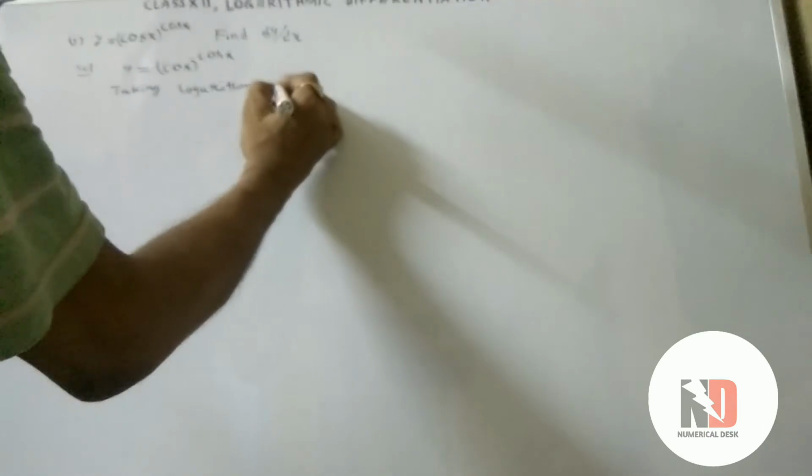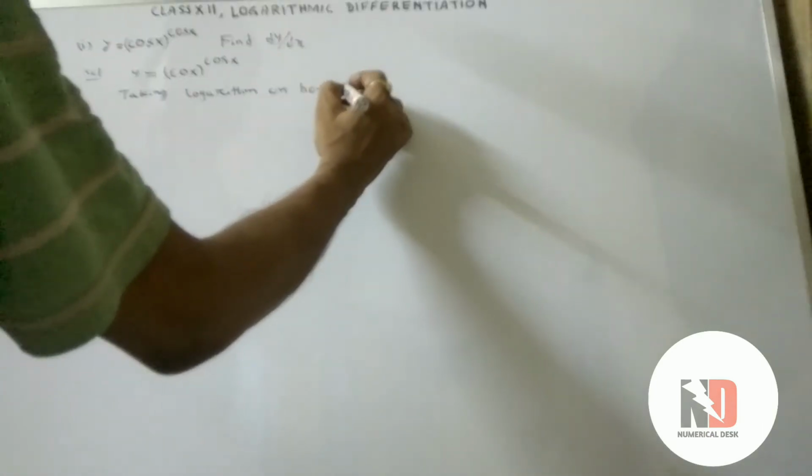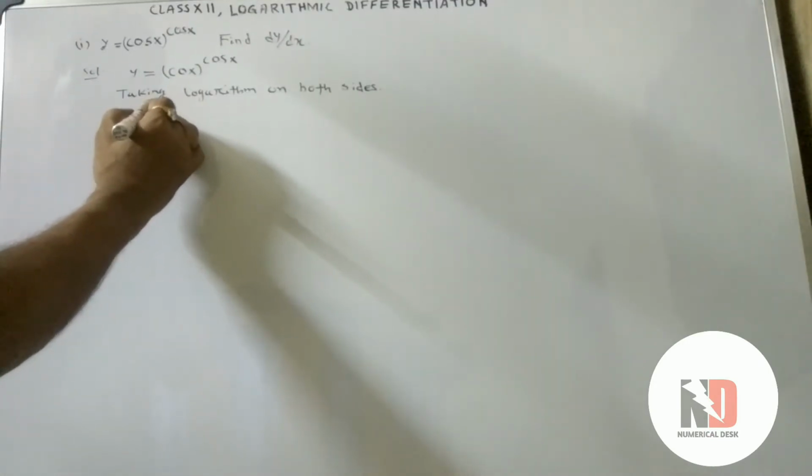Now come to the sum. When there is a power on either side or on one side, take the logarithm on both sides, so it becomes differentiable.